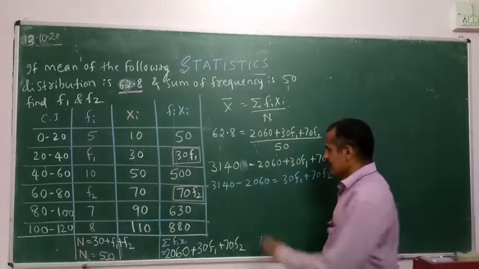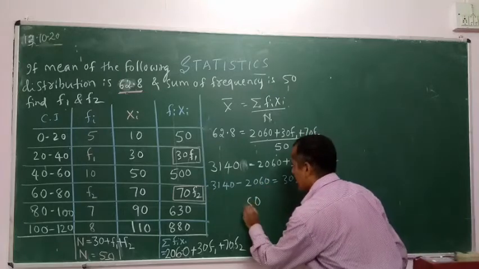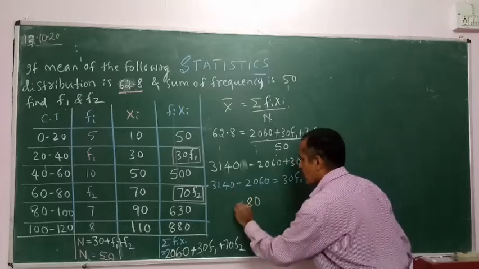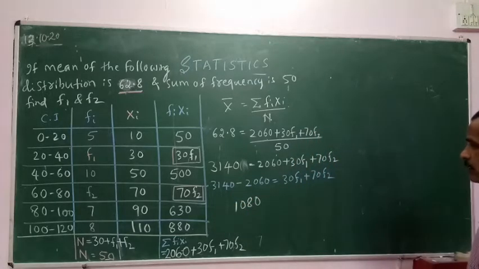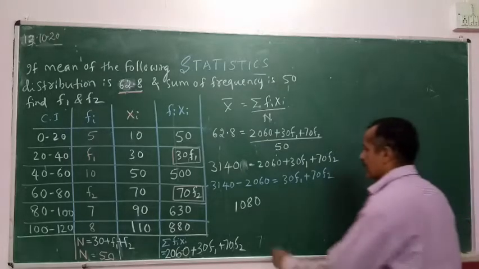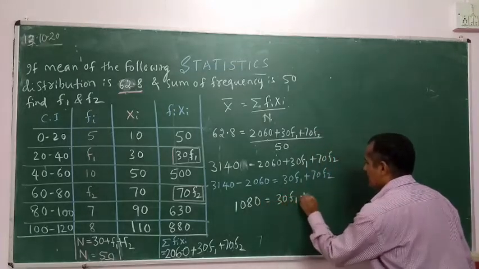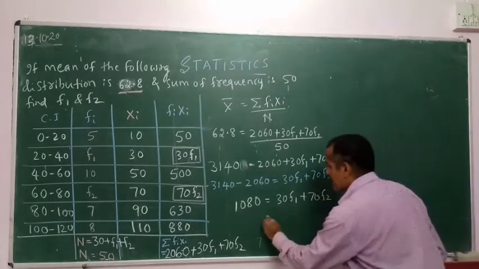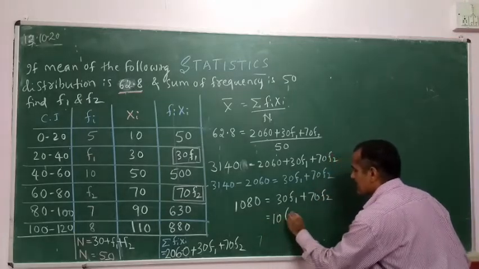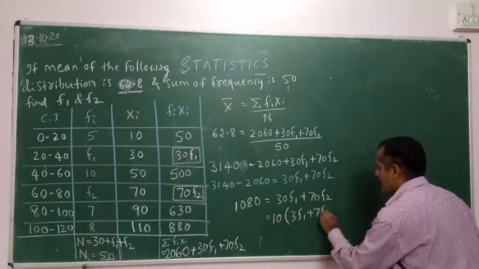If I subtract this, 0 minus 0 is 0, 14 minus 6 is 8, and so 1080 is equal to 30 F1 plus 70 F2. Let me take 10 as common here. It is 3 F1 plus 7 F2.